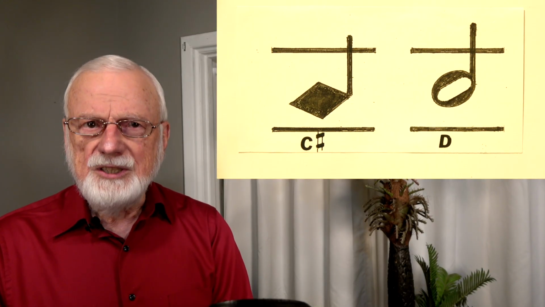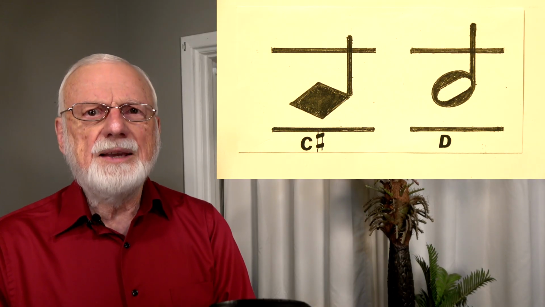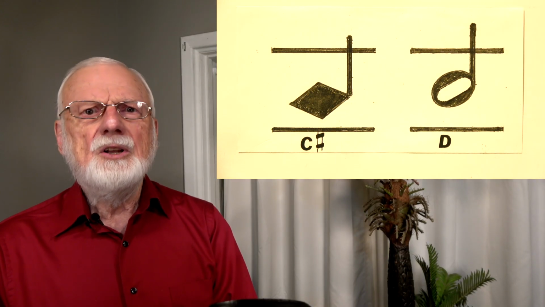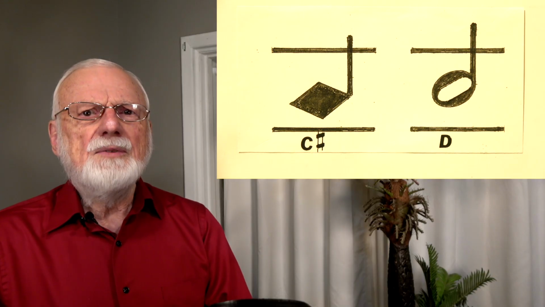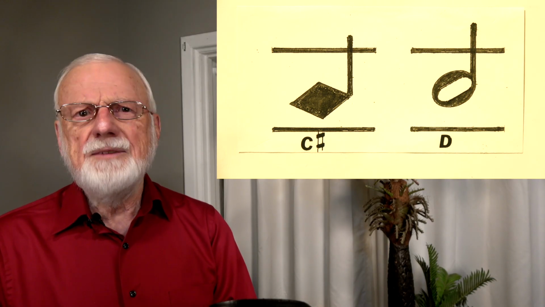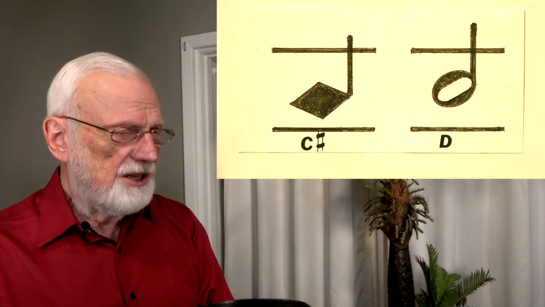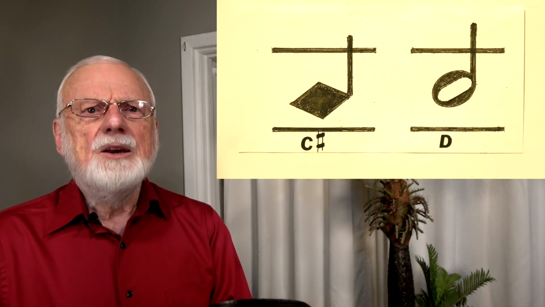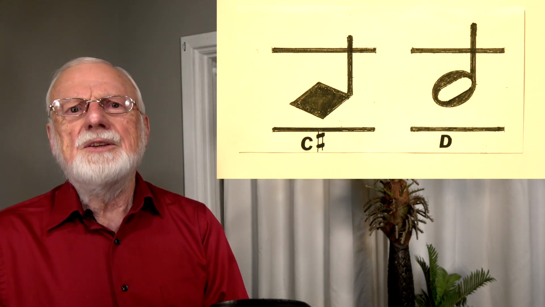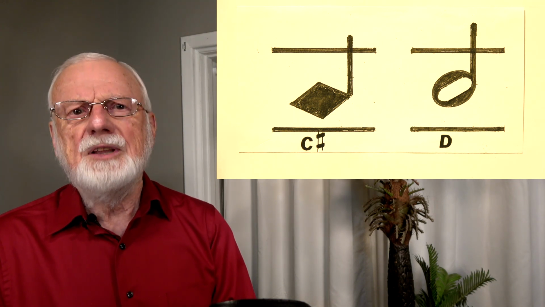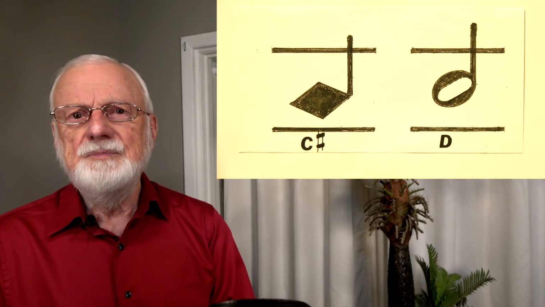Next, moving on to the space between the two staff lines, which are further apart, figure 4, we find C sharp, which is the black angular note head located 1/3 note head above the lower of the two staff lines, which are further apart. Next, we find middle D, also figure 4, which is the white oval note head centered between the two staff lines, which are further apart.